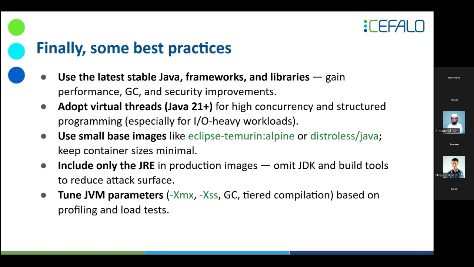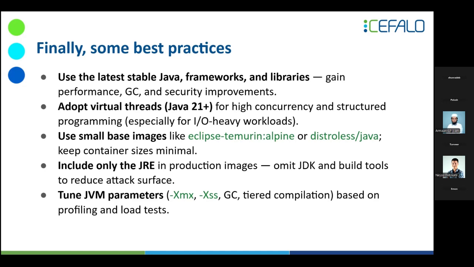And if you're using Java 25, you can also use structured concurrency, which is the new feature in Java 25, and I think it has a lot of hype. But we should use virtual threads mostly if we have IO-heavy workloads. If your workload is more CPU-bound, then maybe virtual threads won't be much helpful.